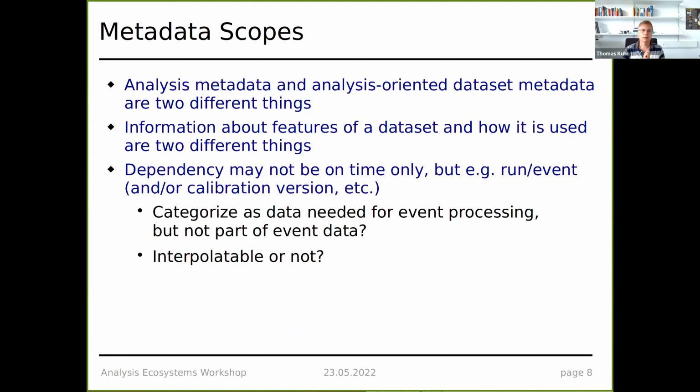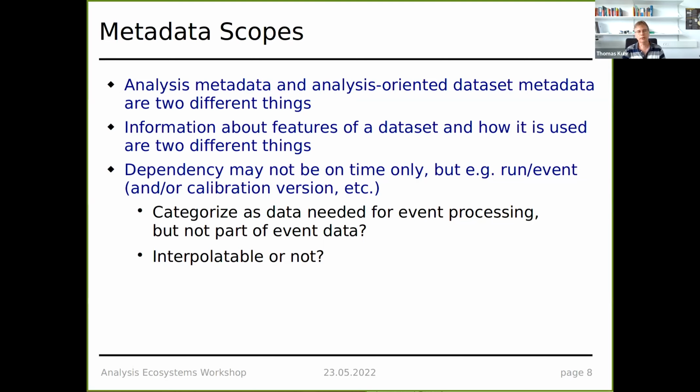For example, analysis metadata and analysis-oriented dataset metadata are two different things. In a similar way, information about features of a dataset and how it is then used are also two different things, in our opinion.